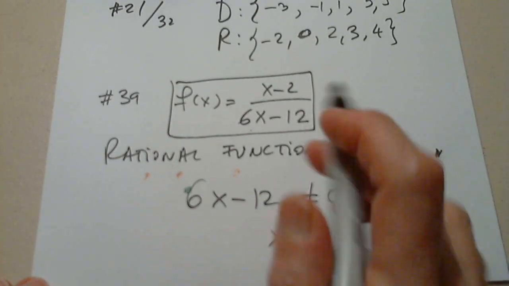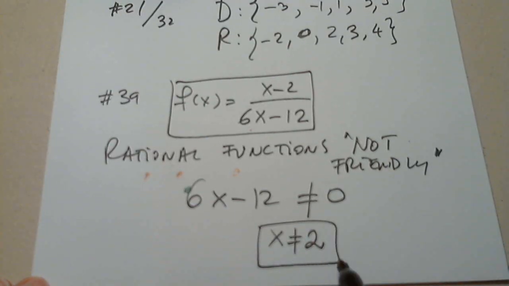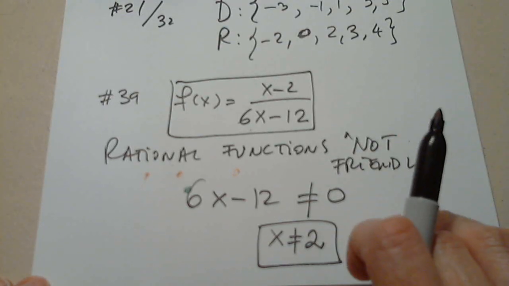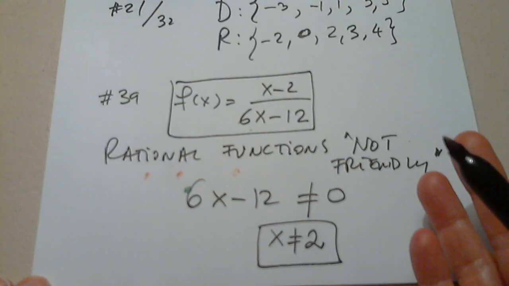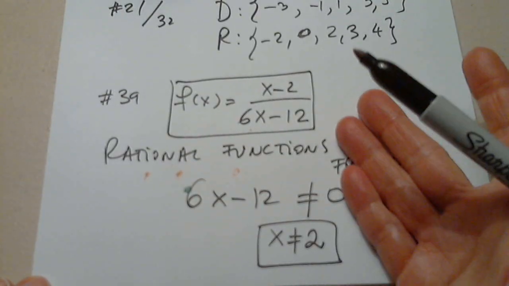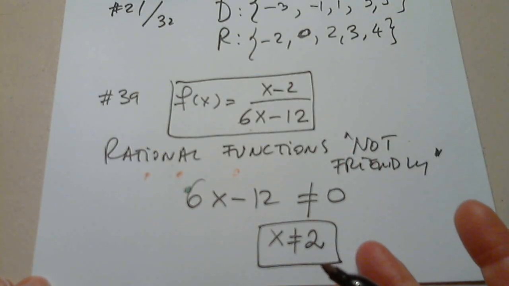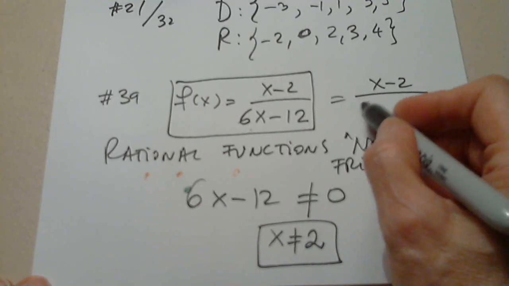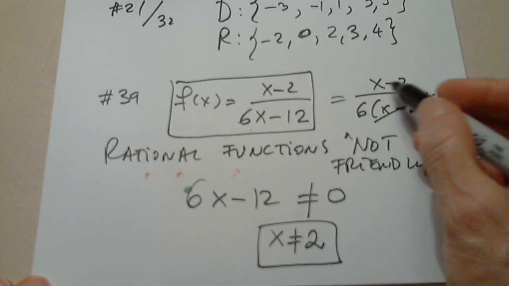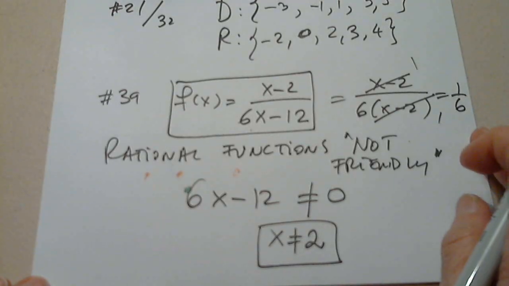And you can say, but you can simplify this function. Yes, I can. But it doesn't matter. The restriction stays. I have to state the restrictions before I simplify. I cannot simplify before I state the restrictions. Now, if I have x minus 2 over 6 times x minus 2, I can simplify it, and the simplified form is 1 over 6.